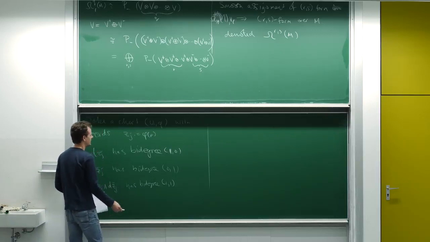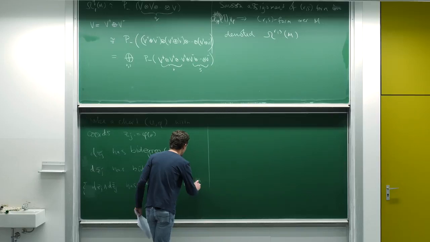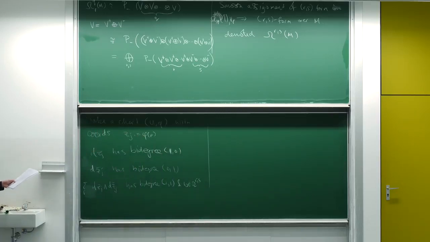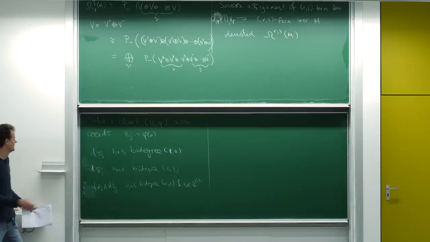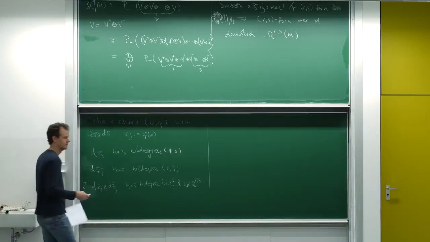And if you have a generic form omega of bidegree RS, then you can express it in terms of wedge products of these basis forms.